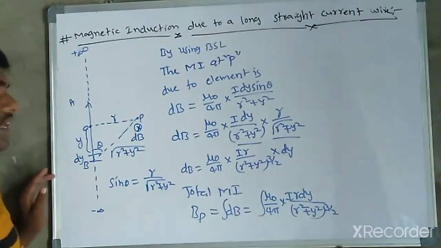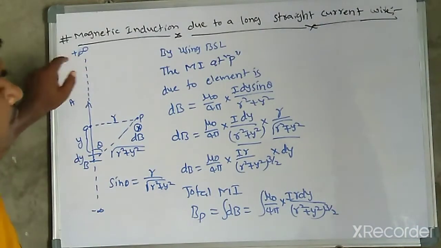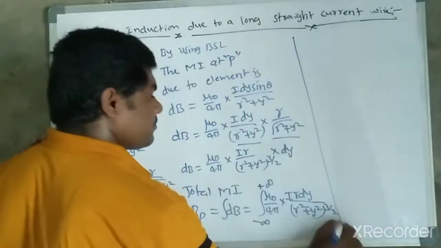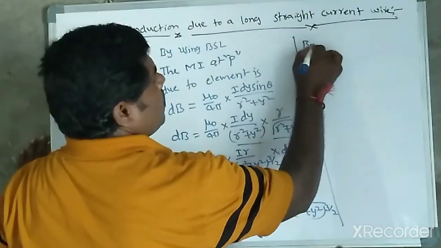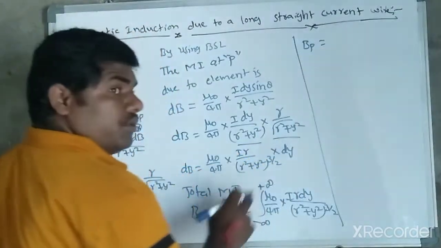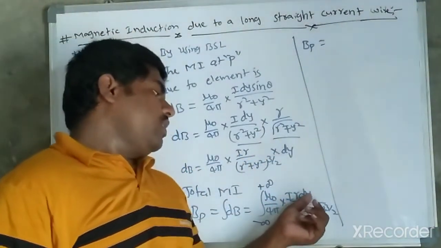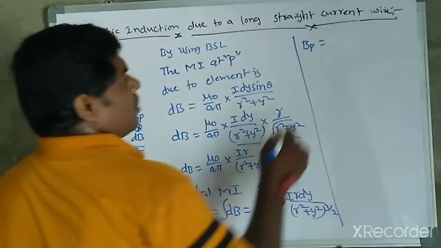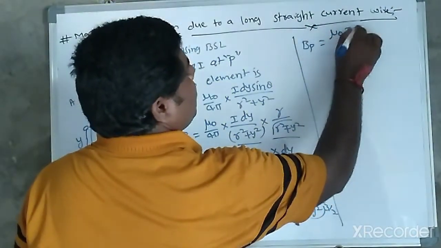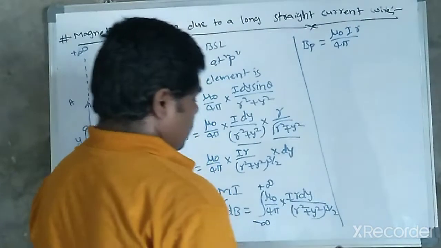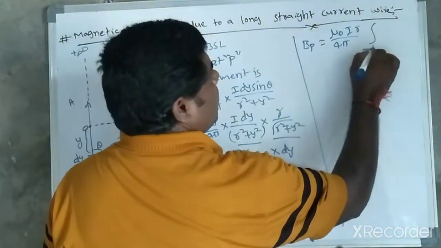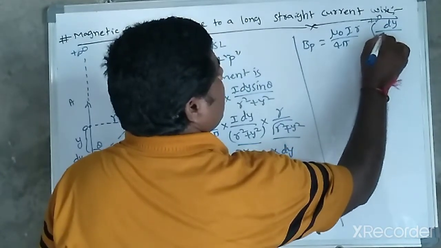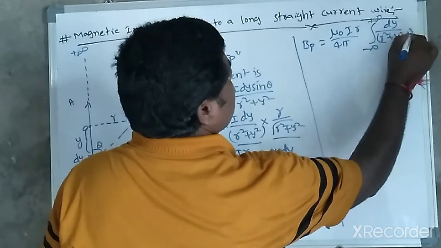The limits are negative infinity to positive infinity. Here mu naught, 4 pi, I and R are constant, so you may write them outside the integral. So BP equals mu naught I R divided by 4 pi, times the integral from minus infinity to plus infinity of dy by R squared plus Y squared whole power 3 by 2.